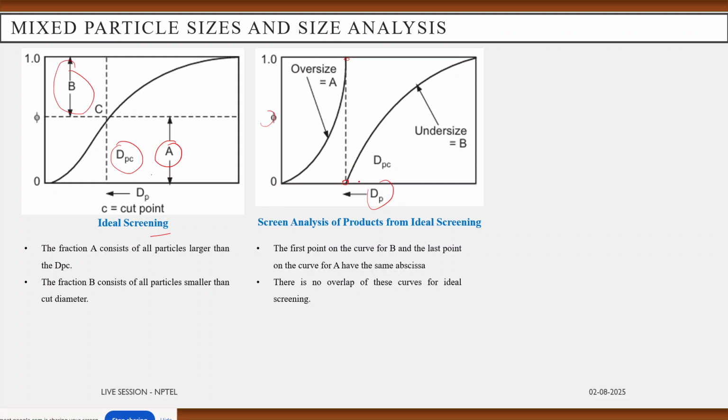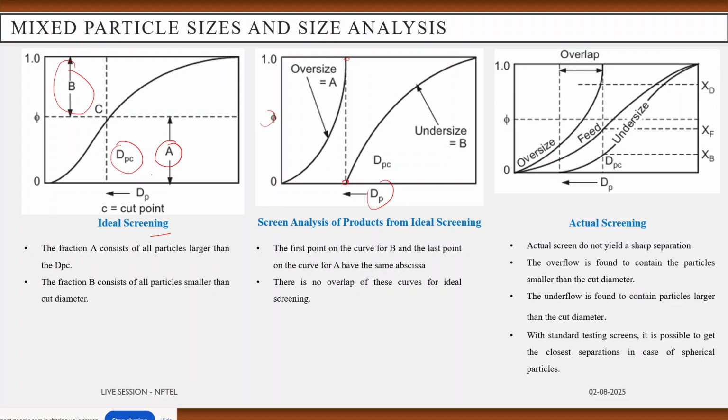So it represents a very sharp separation between the overflow and underflow that represents the ideal screening. But in reality, this kind of ideal separation is not possible.